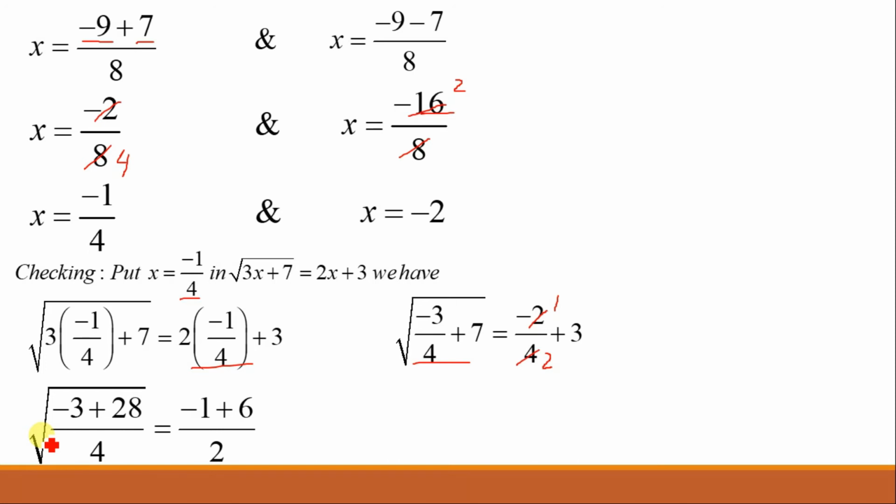This will become square root of (-3 + 28)/4, taking 4 as the LCM, as 4 sevens are 28, equals -1 + 3 twos are 6. So -3 + 28 is 25, square root of 25/4 is equal to -1 + 6 equals 5/2. We know that the square root of 25/4 is equal to 5/2. It is true, hence it is not an extraneous root.